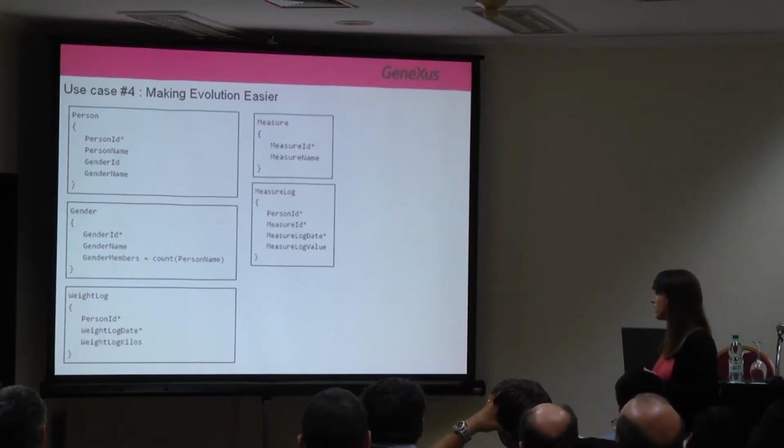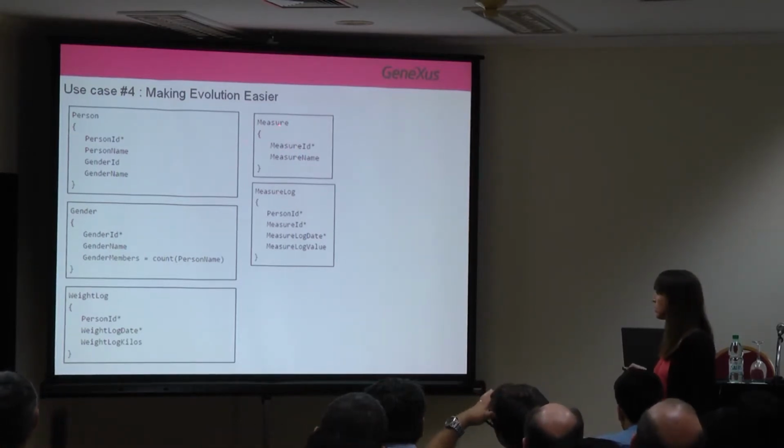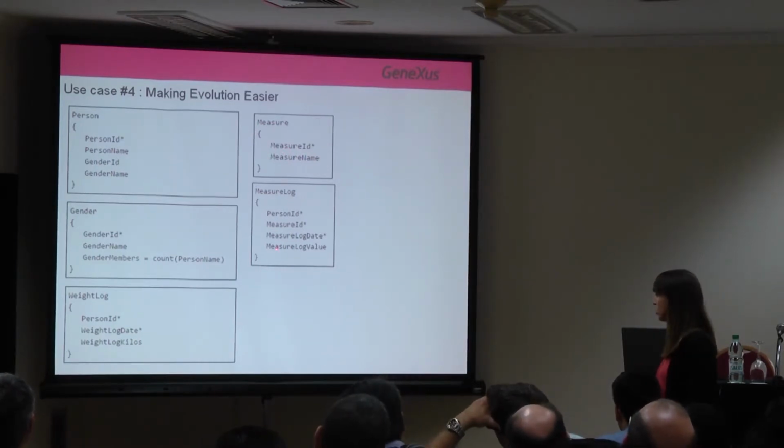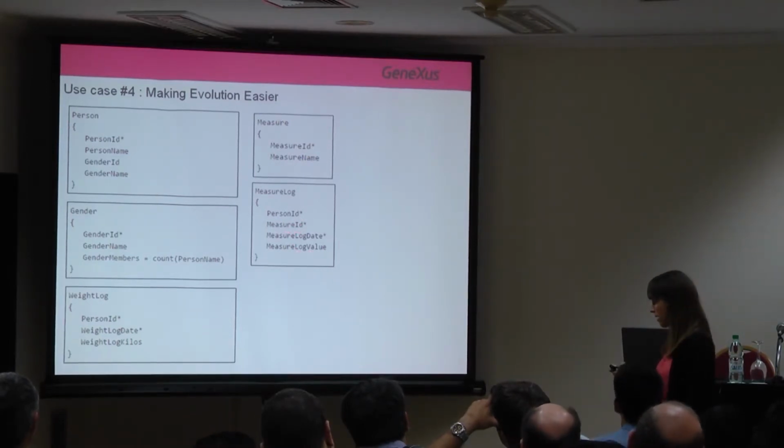Now, as time went by, this application was further developed and other measurements were considered and not only weights. So this transaction of measures was created, which is almost like this one. Here we have the person, the date, and the weight, and here the person, the date, the measurement as part of the key, and the value of the measurement.